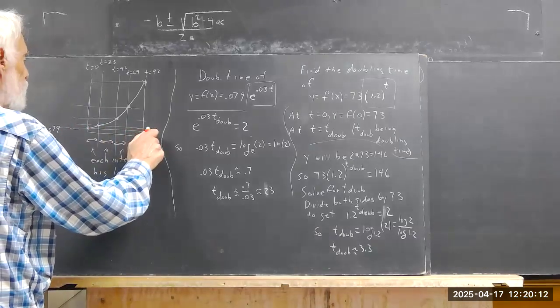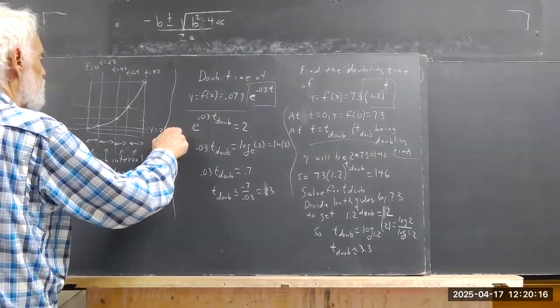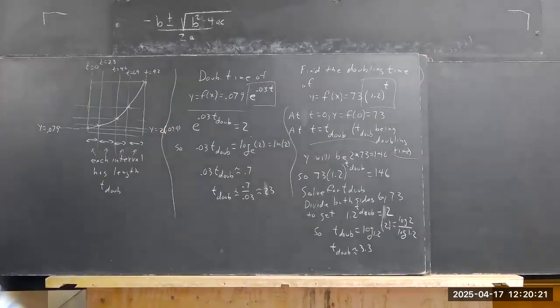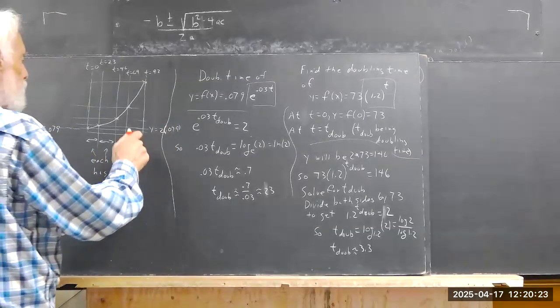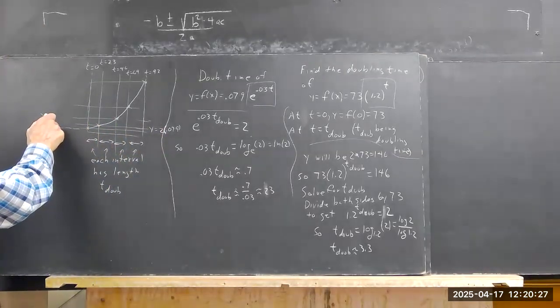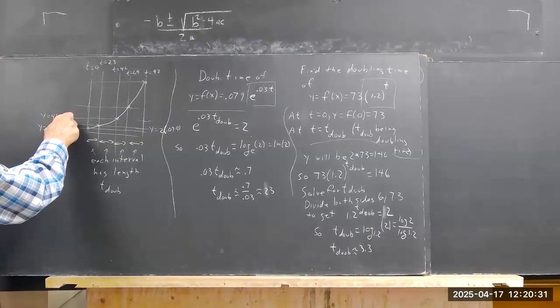And then this line could be y equals 2 times 0.079, which would be 0.158. But instead of doing the arithmetic, I'll just write down how to calculate it. Then y equals 4 times 0.079.